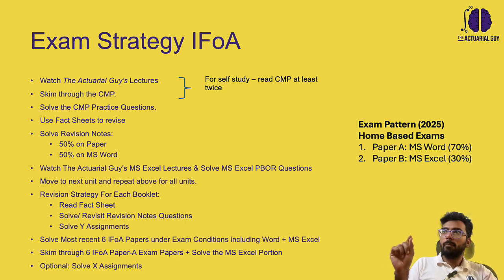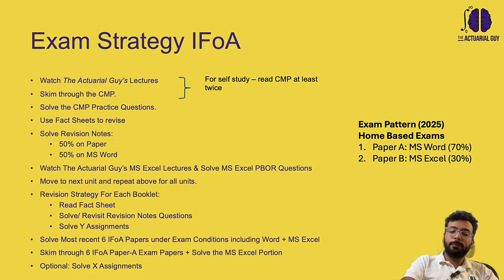Going through the CMP twice will take a lot of time, at least 100 hours if you go through it properly, or maybe 75-80 hours. Lectures you can watch on 1.5x and finish in 40, 45, 50 hours as well. So I made things really easy to understand.